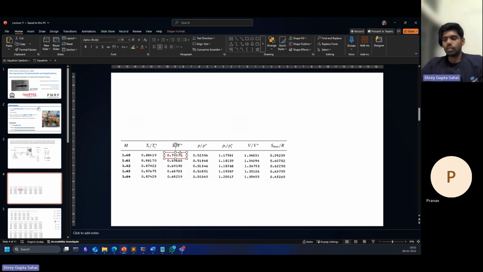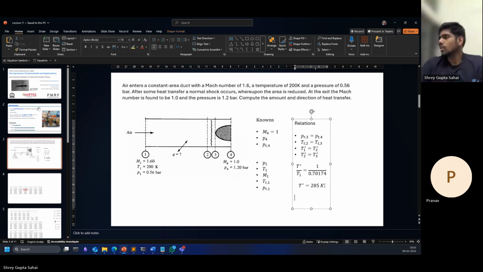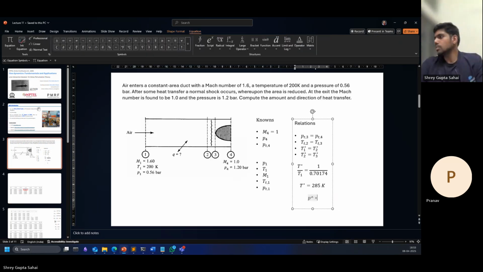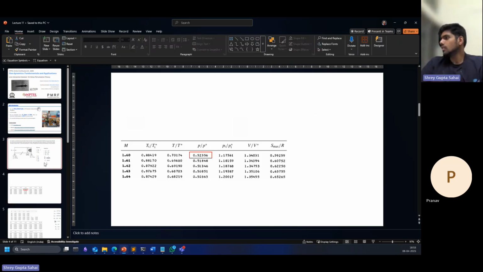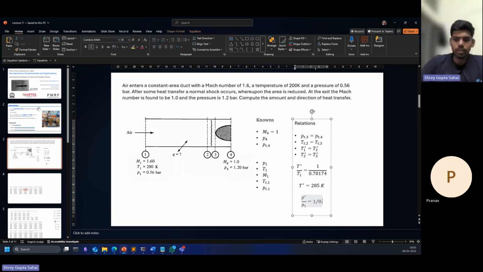Now if I use this value, start by P1 and P star by P1.